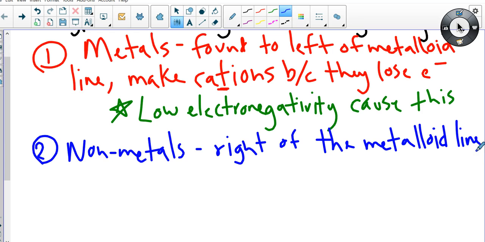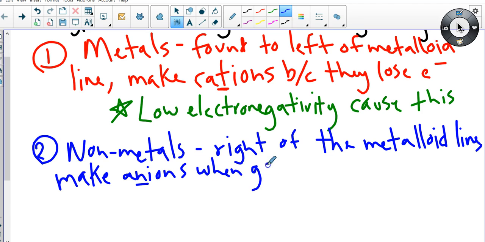They make anions. Anions are negative when gaining electrons. Where do they get the electrons from? What kind of element gives them the electrons? The metals. This is a two-way street.